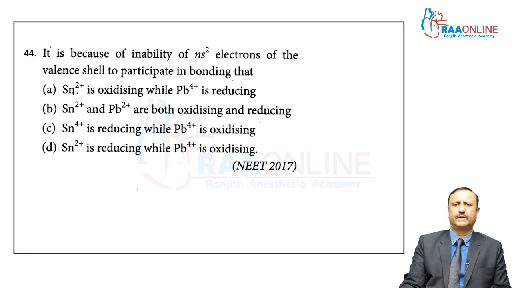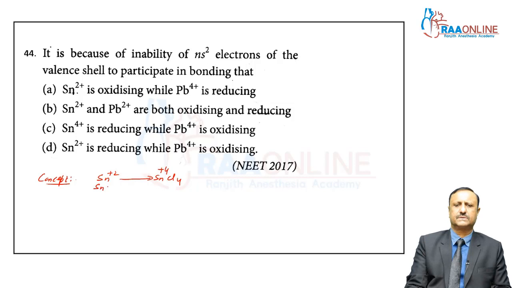It is because of the ability of ns2 electrons of the valence shell to participate in bonding that Sn+2 is reducing while Pb4+ is oxidizing. My dear students, you can see the concept. First of all, Sn+2 is converted to Sn+4.